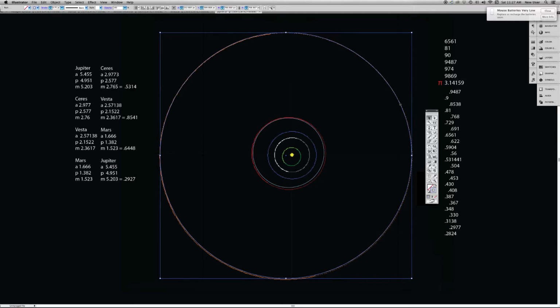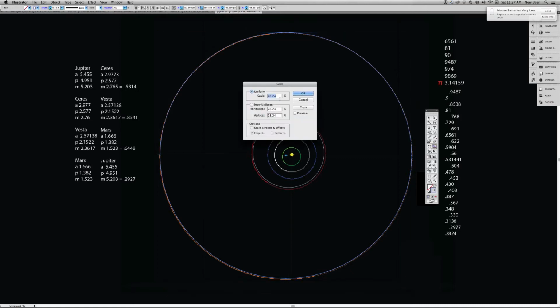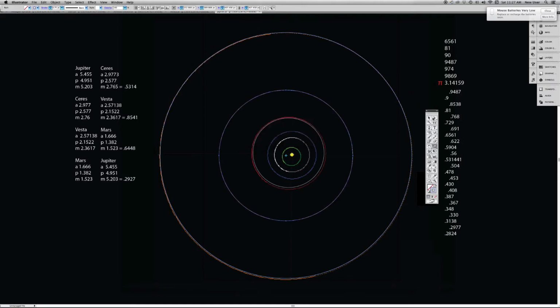The match between Jupiter and Ceres at 0.5314 is so close to that, it's going to be 99.99 something accurate. So I'm just going to reduce that by 53.1441 to get the orbit of Ceres.